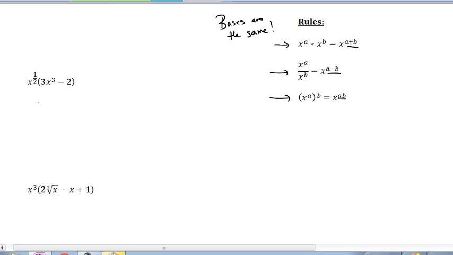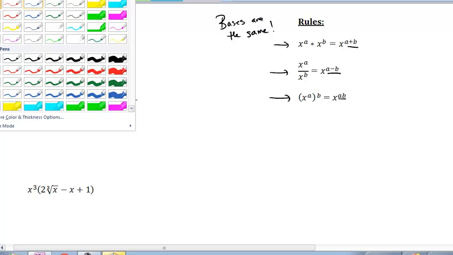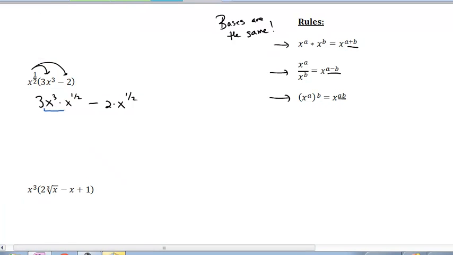When I come over here now to the next example, I have a slightly more complicated set of terms. But it's still my job to remember that I'm distributing that x to the 1/2 to both things inside the parentheses. So it's 3x cubed times x to the 1/2 minus 2 times x to the 1/2. We all know commutativity of multiplication means I can do this multiplication first and leave the 3 off by itself.